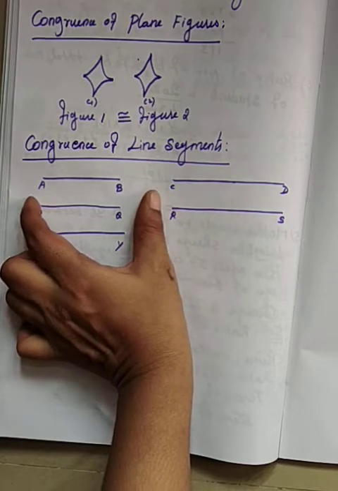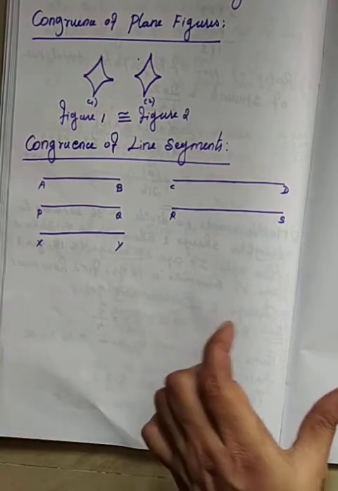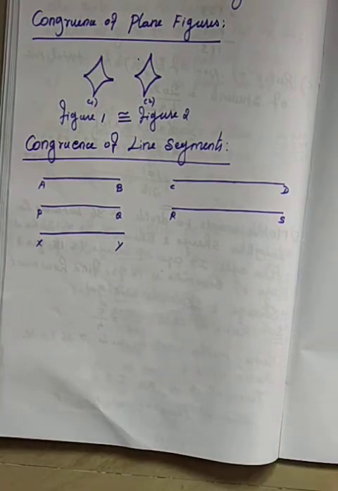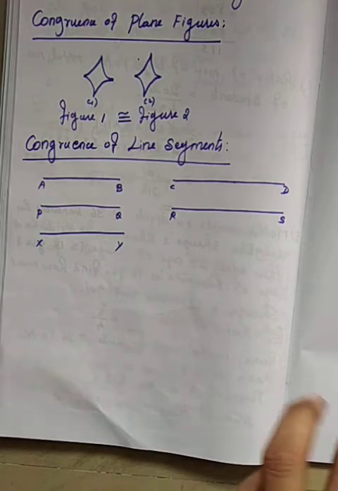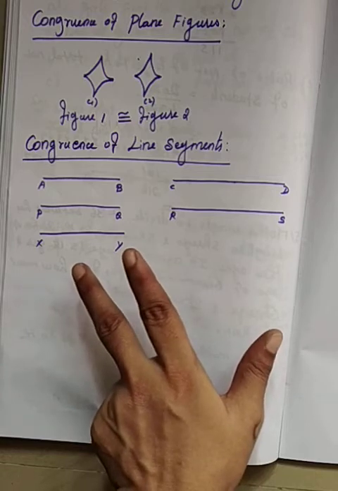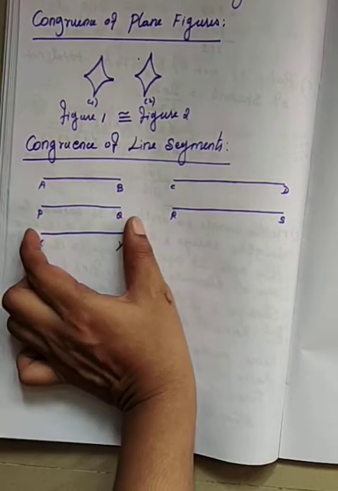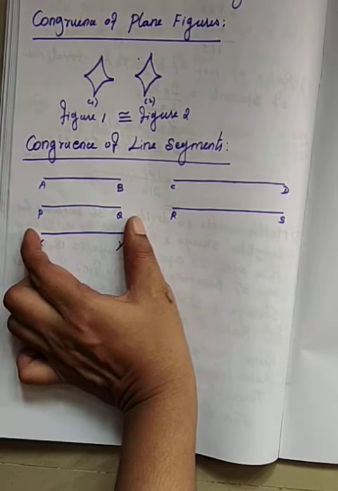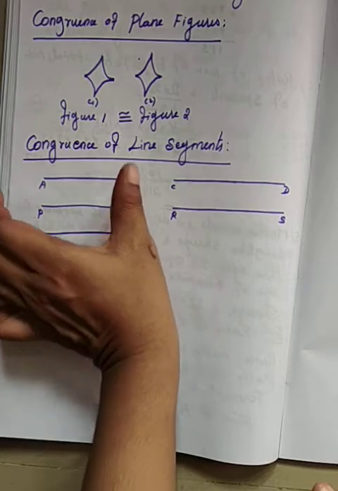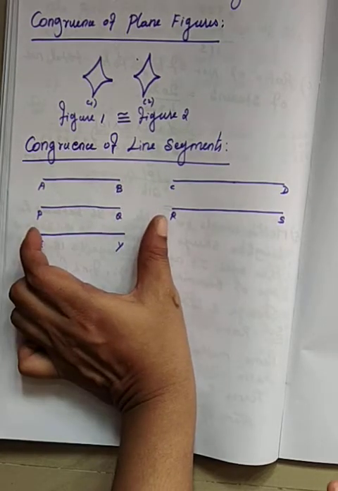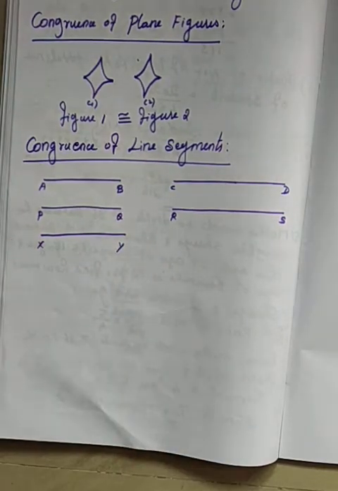In other words, if two line segments have the same length, then they are congruent.